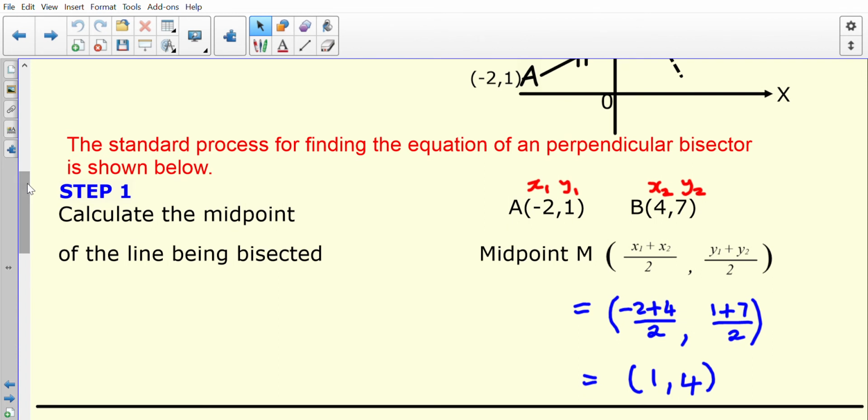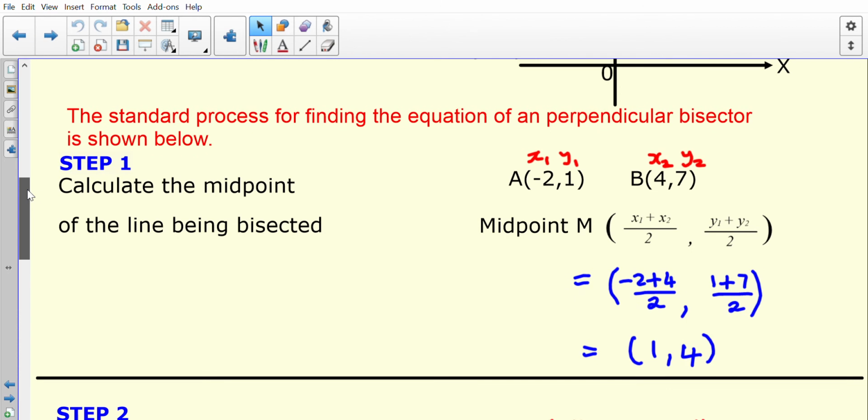So the midpoint formula says you have to add your x's together and divide by 2, add your y coordinates together and divide by 2, and that gives you your midpoint. So when we do that, you've got -2 plus 4, which is 2, divide that by 2 gives you 1, and for your y coordinate, 1 plus 7, you divide that by 2 and that gives you 4. So you've already got a point now.